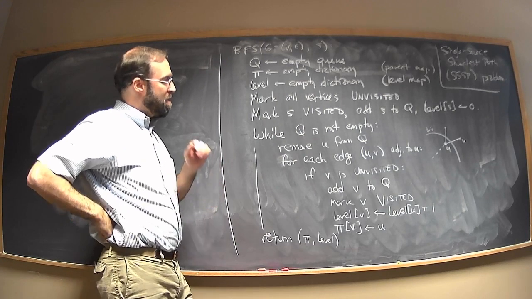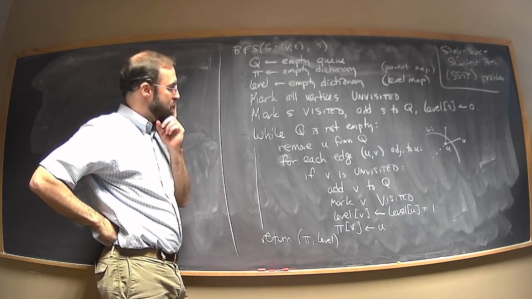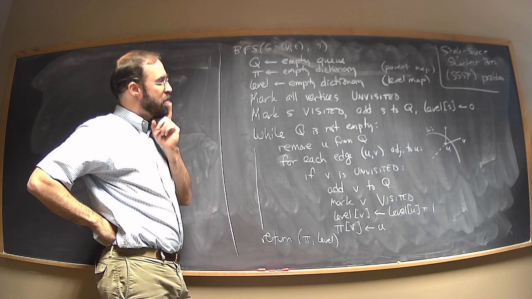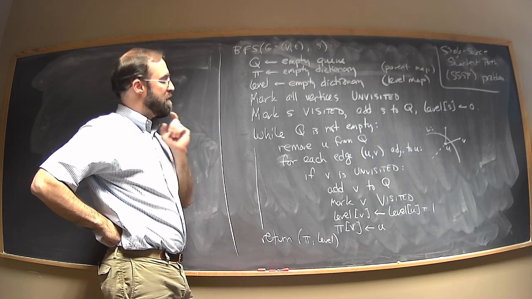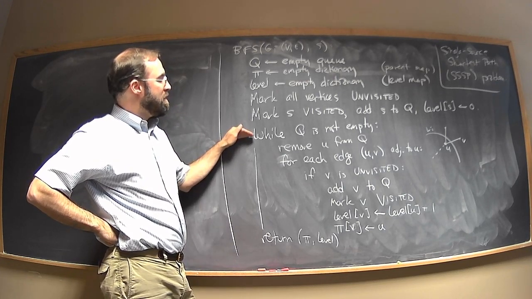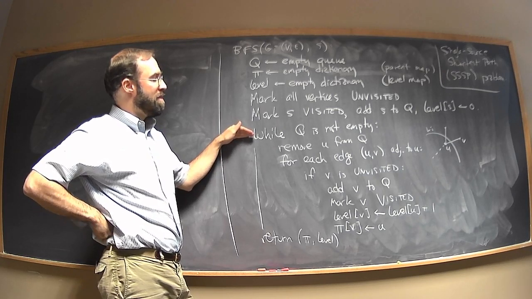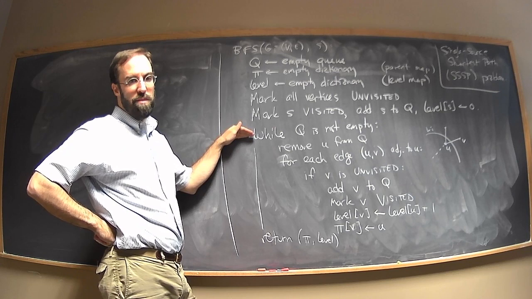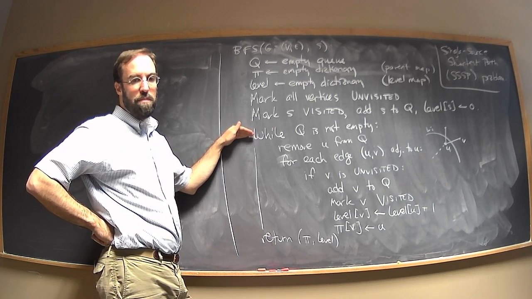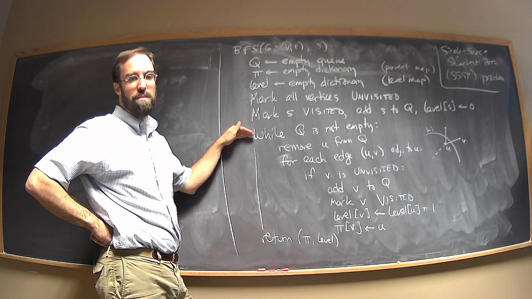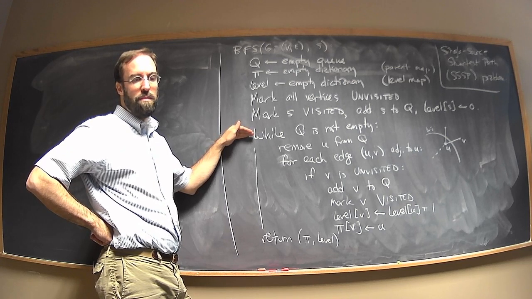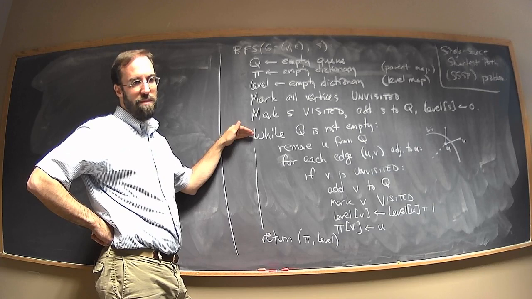So I claim, and this is a trick that we will often use. This loop, how many times does this loop execute? This is the easy one. How many times does this while loop execute, in the worst case? N times. And what is n? Vertices.